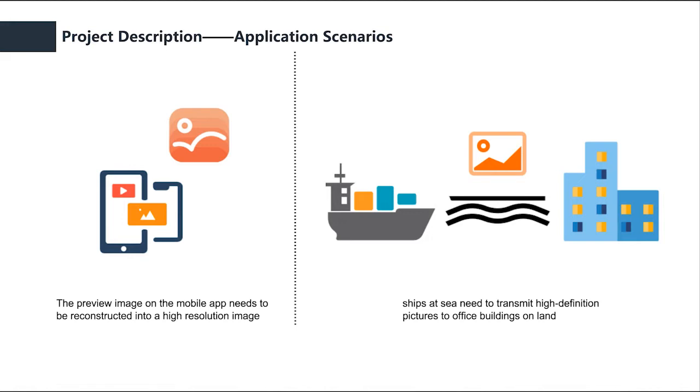Also, in the production field, ships at sea need to transmit high-definition pictures to an office building online, and the pictures need to be recompressed during the transmission process, and then reconstructed into high-resolution pictures at the communication terminal.